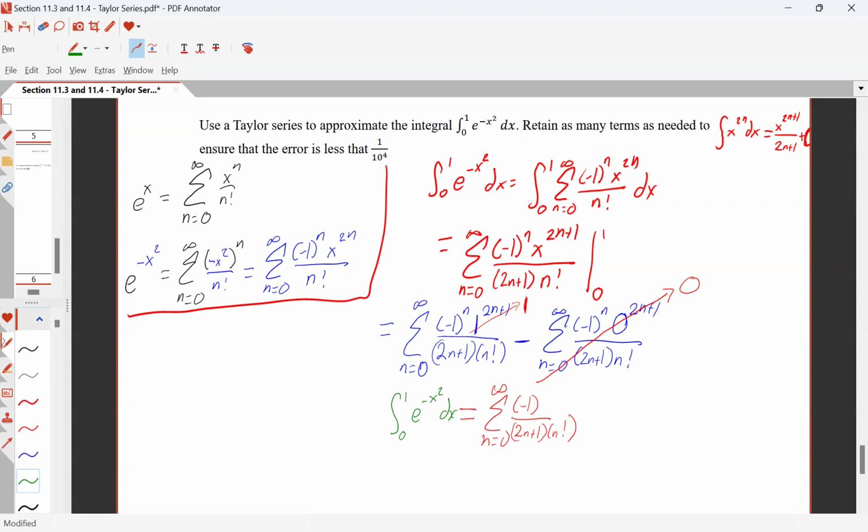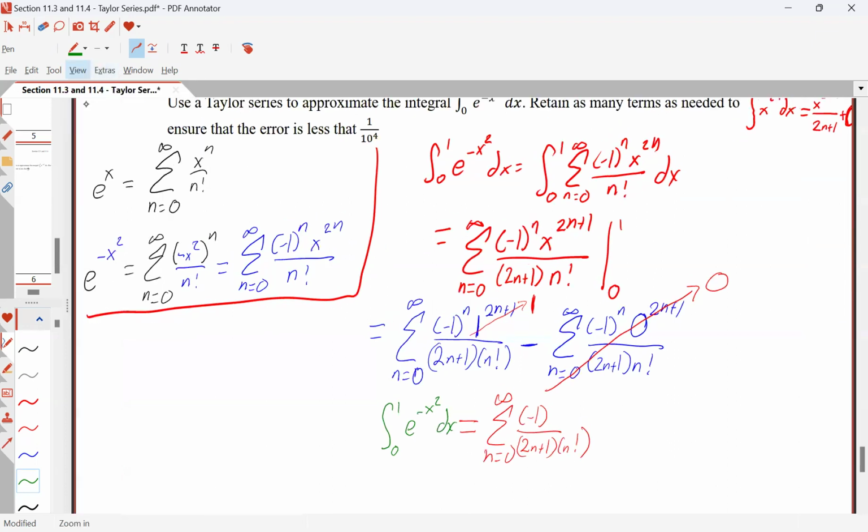The second sentence is saying we just want to retain as many terms as needed to ensure the error is less than 1 over 10 to the fourth, and I'm going to change this to 10 to the third instead. The process is the same, we'll just need fewer terms.